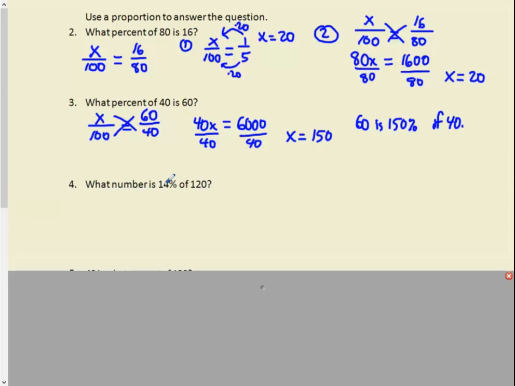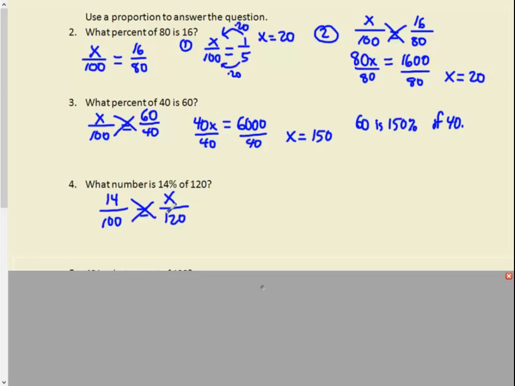Okay, what number is 14% of 120? So here we already have our percent. 14% of 120 tells us the 120 goes in the denominator. What number is tells us that x should go in the numerator.